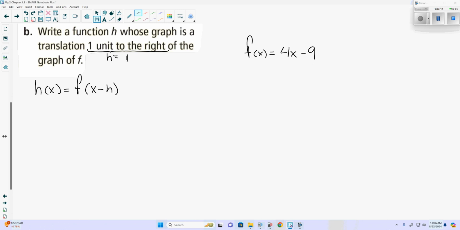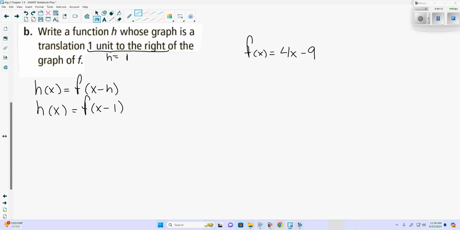Because right is going to be positive, and the amount we're moving is 1, so h is plus 1, or just 1. Now at this point, we're going to replace h with its value. We could put parentheses around the 1. It doesn't make a difference. But it ends up giving us f of x minus 1.